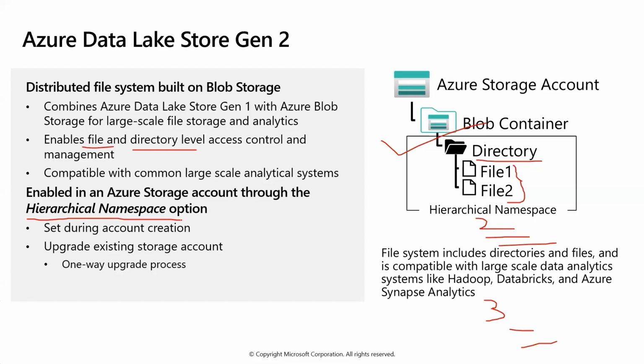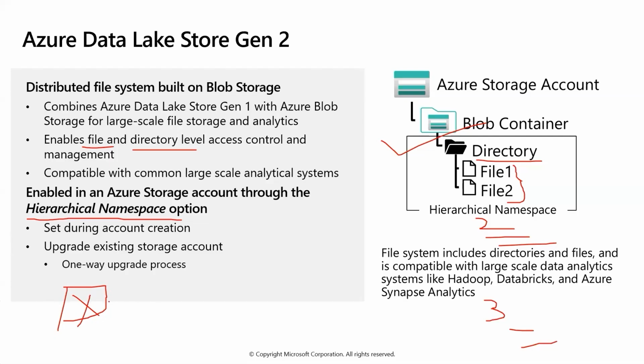Okay. And you have a one-way upgrade process. See, what I told you is, this is the blob storage, let's say. Okay. And in blob storage, there is no hierarchical namespace, right?